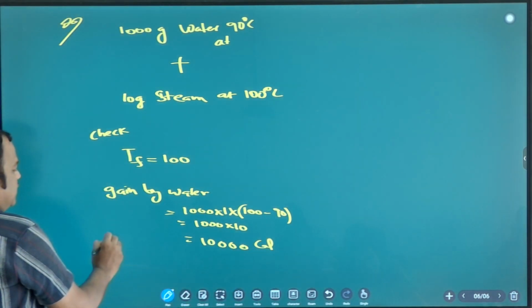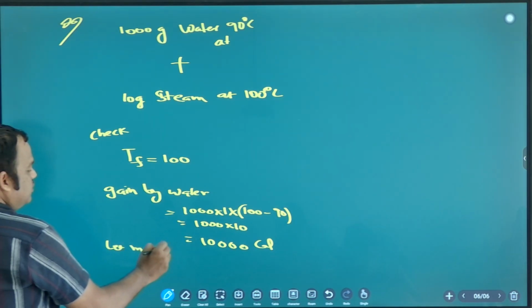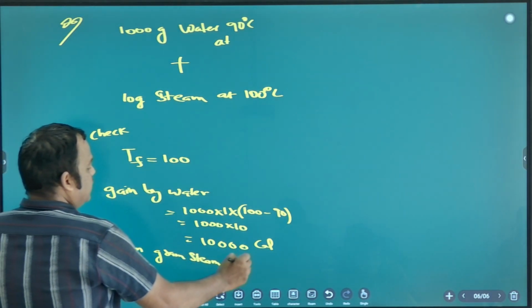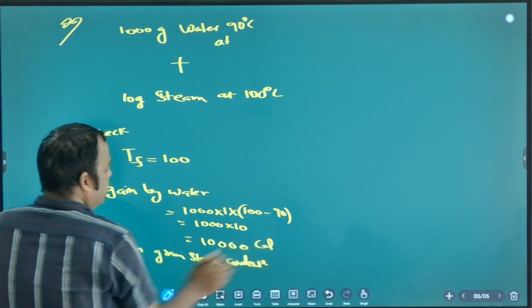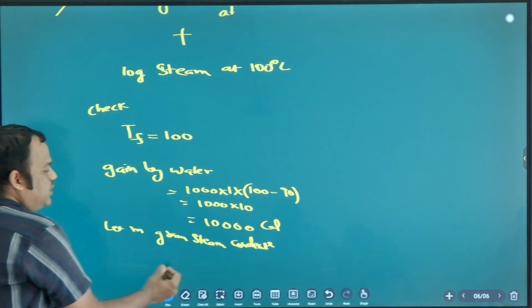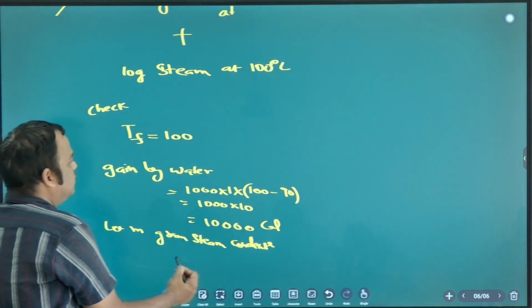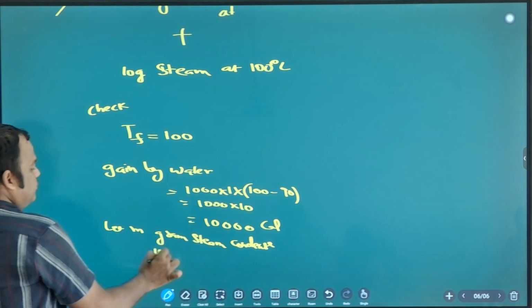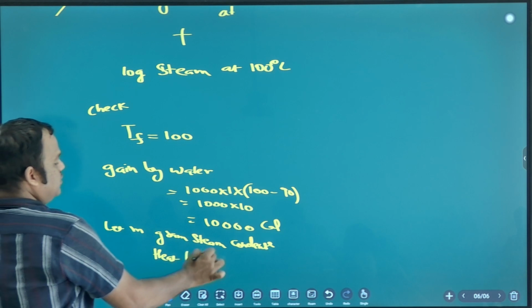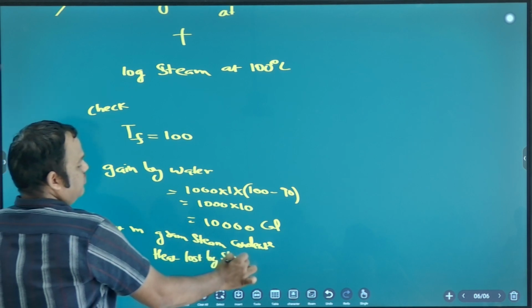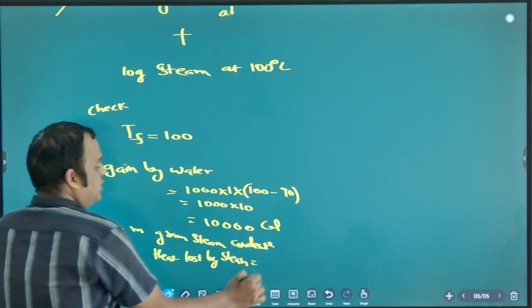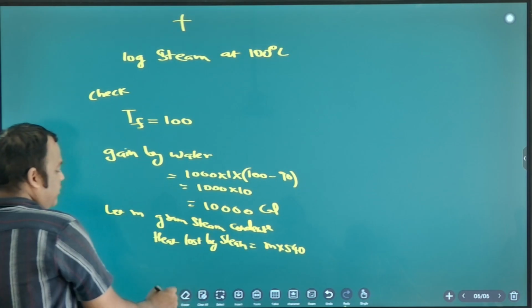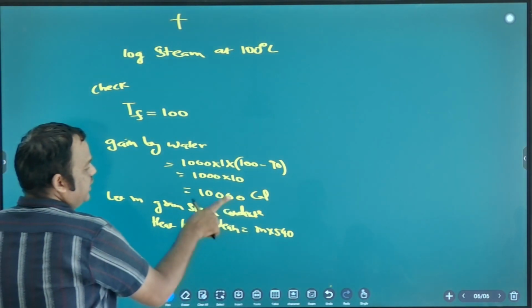And let m gram steam condense. What is the heat lost by steam? M into 540. Now equate these.